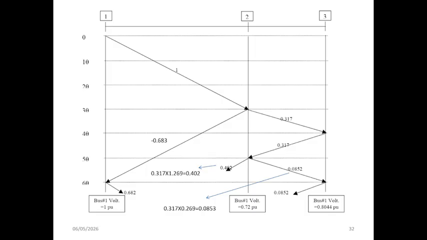The reflected wave returns to bus 1 with an opposite sign and reaches bus 1 at 6 theta with a magnitude of approximately minus 0.683 per unit. When combined with the original voltage, the resulting bus 3 voltage becomes approximately 0.682 per unit and is reached at 4 theta here.